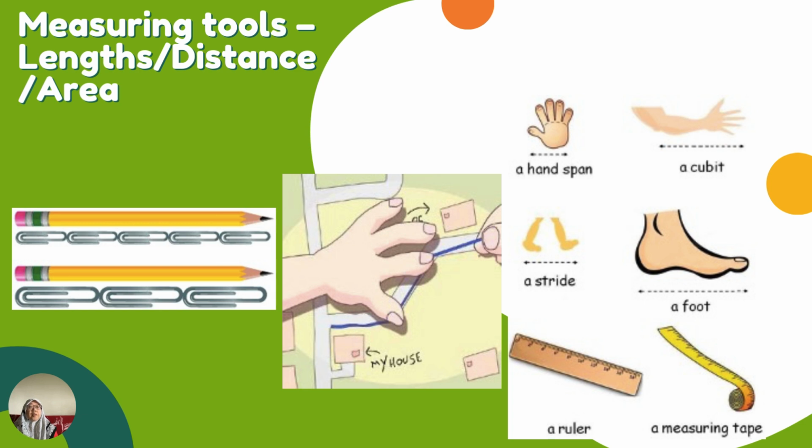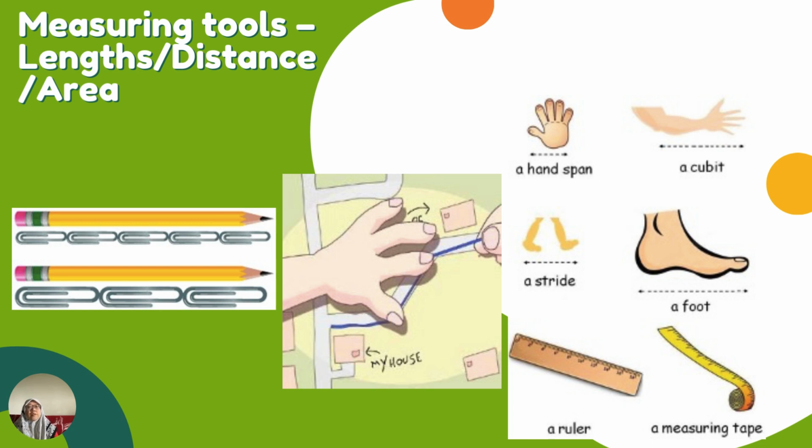They will place the thread in front of the house, and because the thread is so flexible, they can go like an S and then go up and stop at the school. Then they will cut near the school, and then they will use a ruler to measure. This is how we learn about distance.